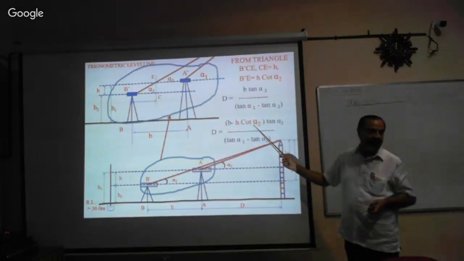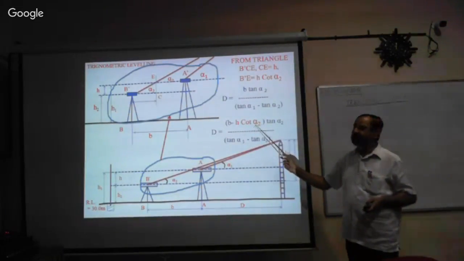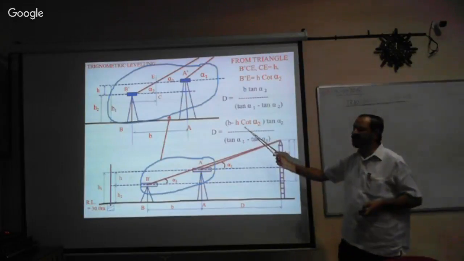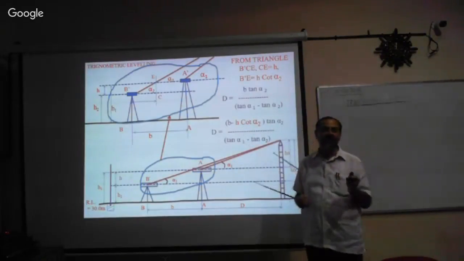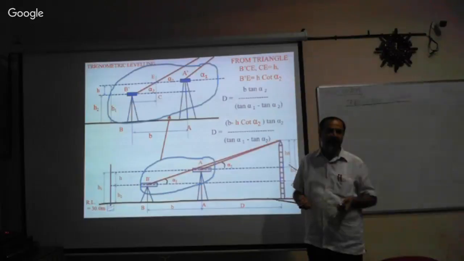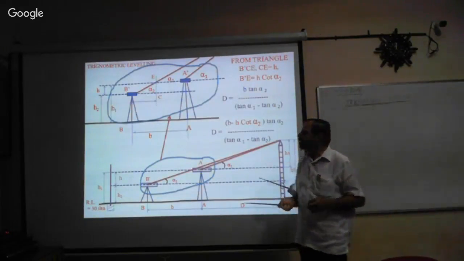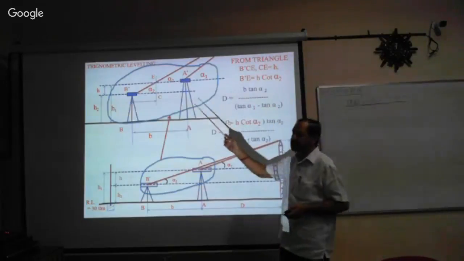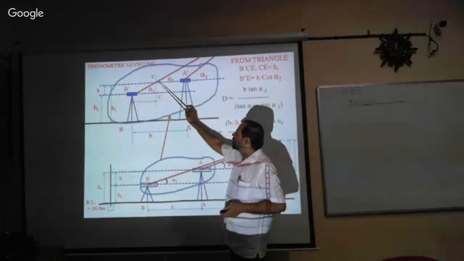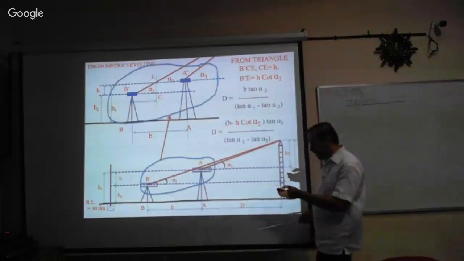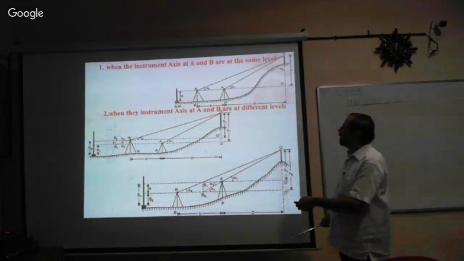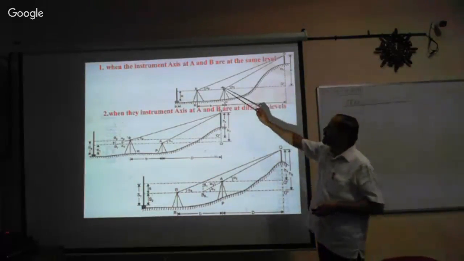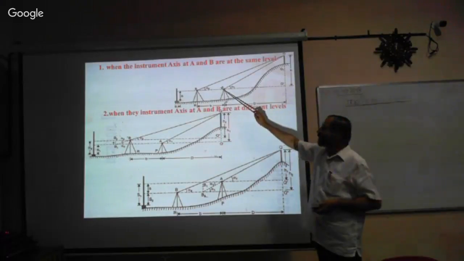Got it? Understood? Now there are 3 cases. If you understand these 3 cases, we can very easily solve the problem. Very simple analysis, very simple trigonometrical functions. Now see, here both the axes are similar.